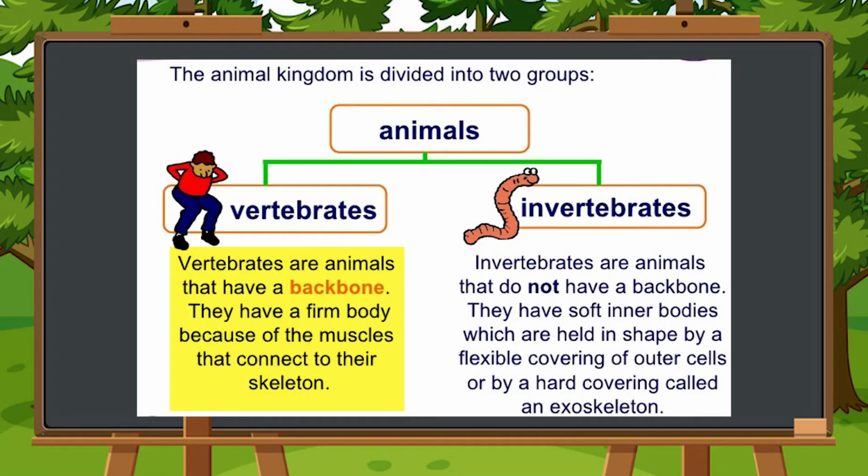Vertebrates are animals that have a backbone. They have a firm body because of the muscles that connect to their skeleton. While invertebrates are animals that do not have a backbone.